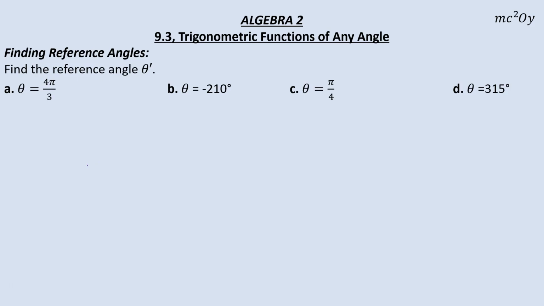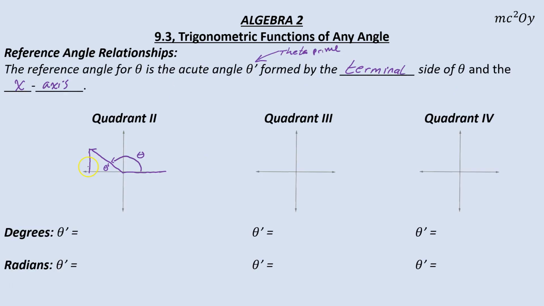Oh, shoot. Let's go back. Sorry about that. There we go. This is the angle I want for theta prime. Okay, so that gives us our right triangle. And so we like to know that. So the way we get it is we go 180 degrees and we subtract out all of theta. So let's say this was like a 150 degree angle. We'd have to do 180 minus 150, which would mean this is a 30 degree angle.